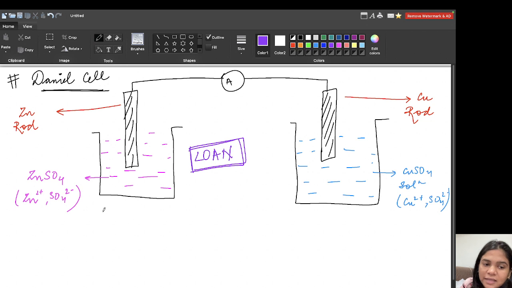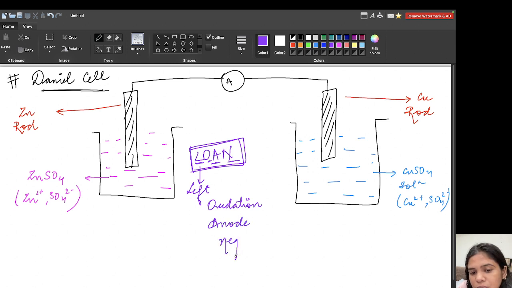What happens in the left side is the zinc rod undergoes oxidation. Left side oxidation, anode, negative. Just remember this thing: left side oxidation, anode, which is a negative charge. Right?